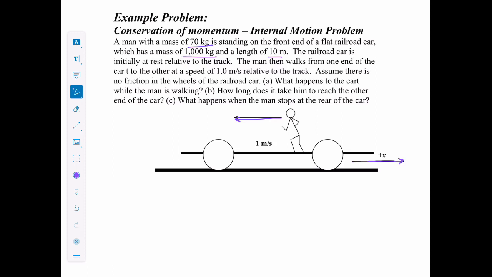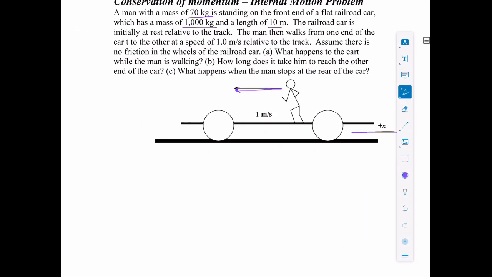One of the reasons the man and the cart will have different speeds is because they have different masses. So for A, what happens when the man is walking?